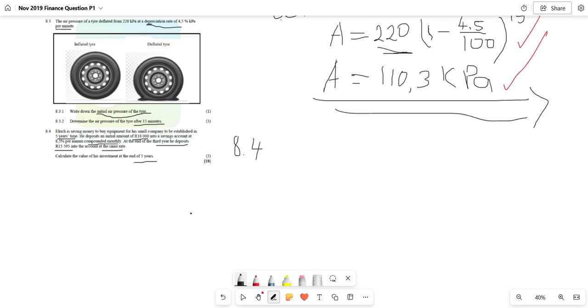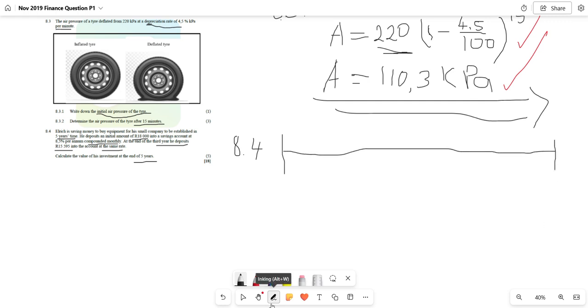If that is the case, it is a timeline. 2, after a certain number of years after the initial deposit, there is a further deposit. Therefore, that is a timeline. 3, there is a withdrawal from the same account after a certain number of years. Therefore, that is a timeline question. In this case, we have a further deposit. It indicates that we need to draw a timeline in order to answer this particular question.